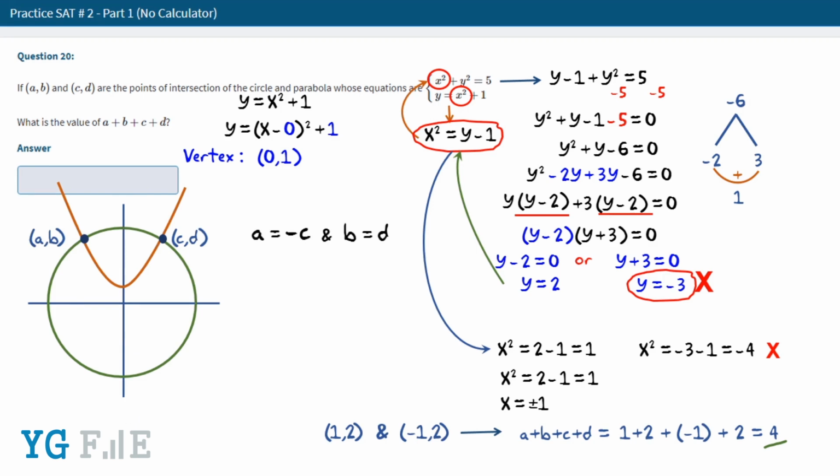If we find the value of a plus b plus c plus d, then a and c will add up to 0, since one is the negative of the other, and b is equal to d, which means that a plus b plus c plus d will be equal to 2b, and b here is the y value that we have already found before, which is 2. So we just need to substitute the value of y here. So we got the same result as before.